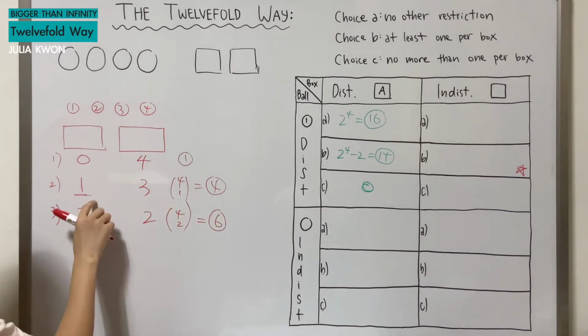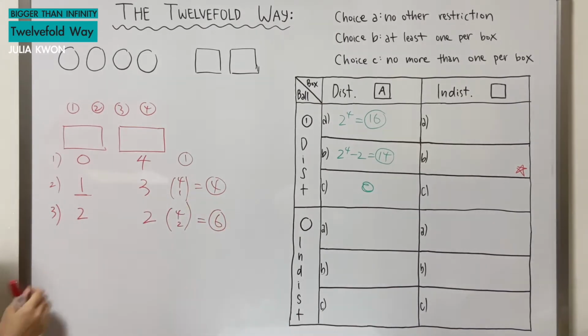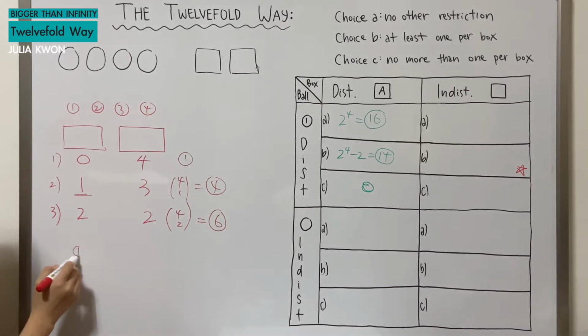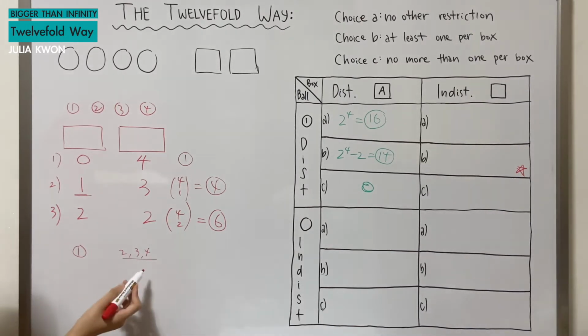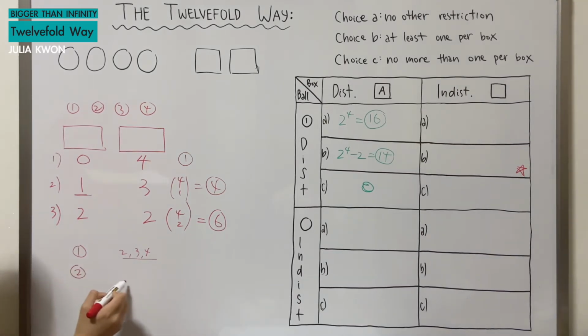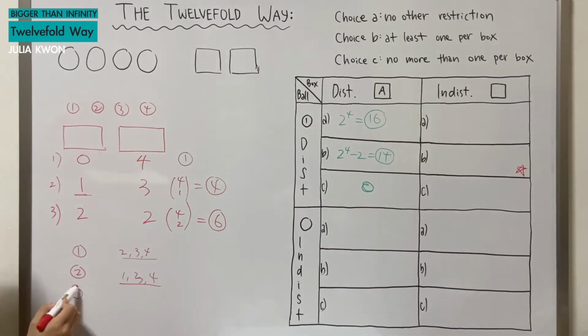So for this one, I will write it out to prove it. We can have 1 ball here, 2, 3, 4, the rest of the balls on this side of the box, and the second ball can be here with the rest. The third ball with 1, 2, 4, and the fourth ball being in this box, and 1, 2, 3, these three balls being in the other box.